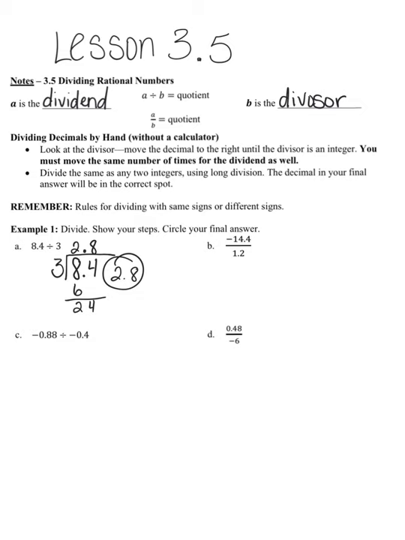Now in B, I have a decimal in both the divisor and the dividend, so I am going to have to move the decimal point. So I'm going to move the decimal point one place over so that I have an integer now. So now it becomes 12.